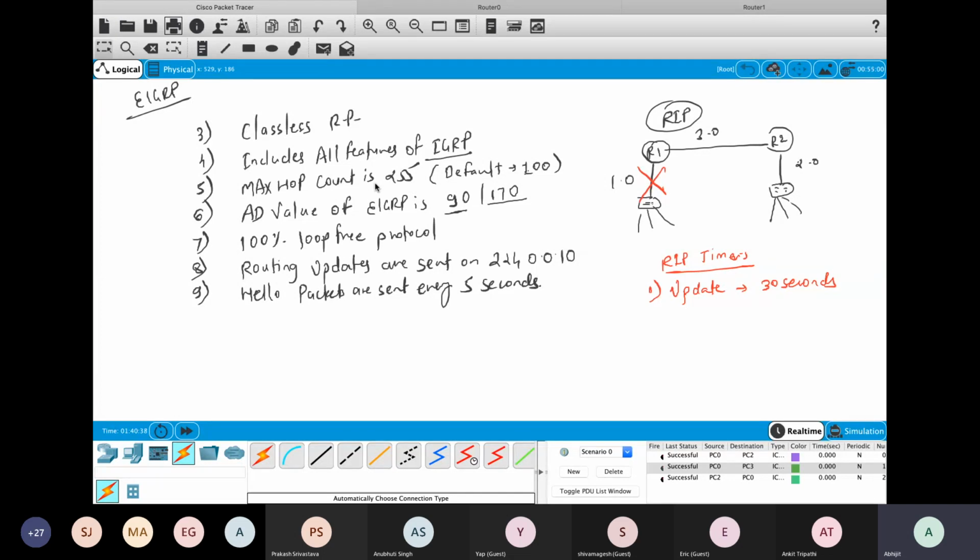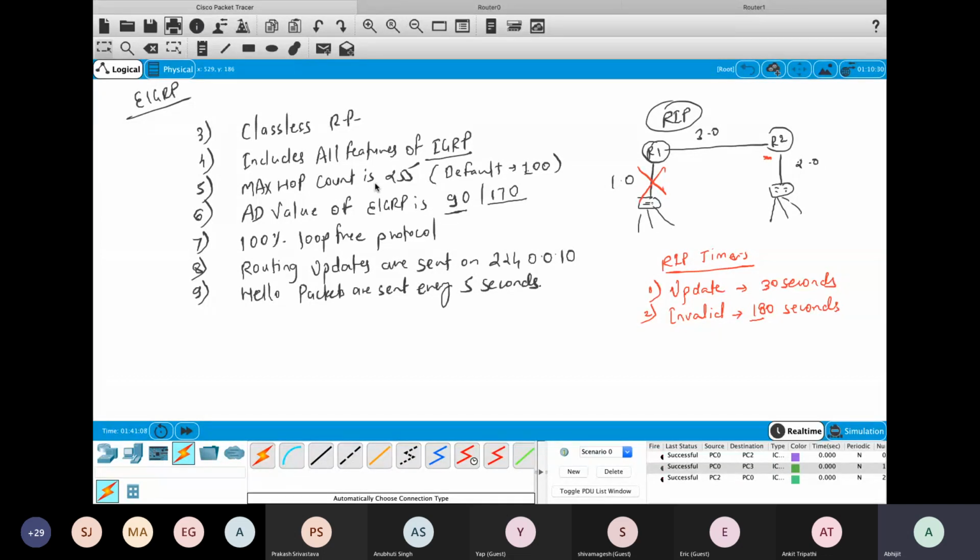The second type of timer is called the invalid timer. This invalid timer by default is set to 180 seconds, 6 times the update timer, which means if this network goes down, R2 will keep waiting for that particular update.